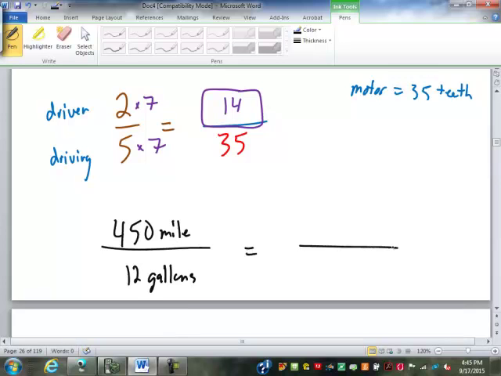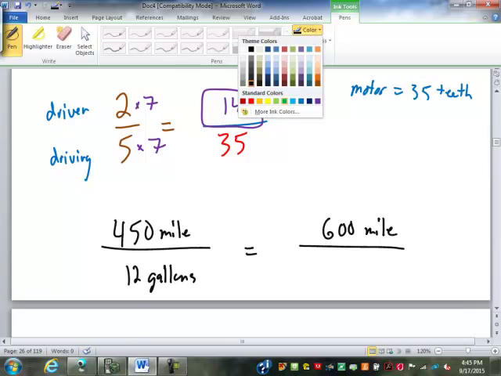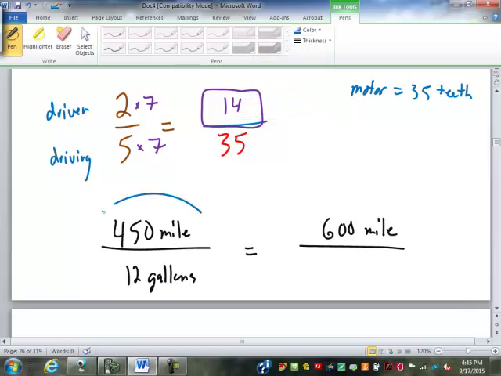I want to know how much gas I would need to go on a 600 mile trip. So this is a rate here, 450 miles per 12 gallons. It's not a unit rate, it's not reduced, but it doesn't matter. I'm using that to compare, assuming that rate stays the same, how much gas it would take to go on a 600 mile trip.